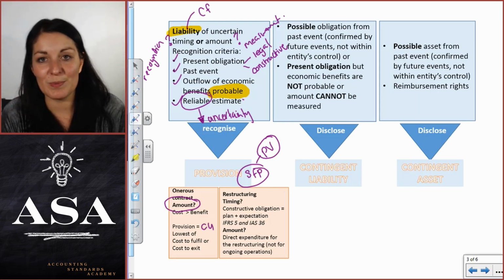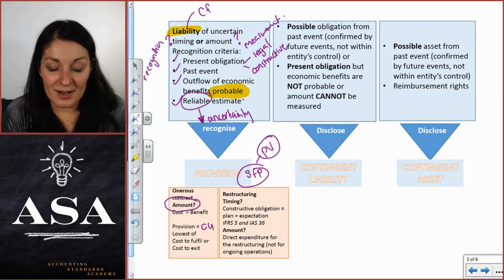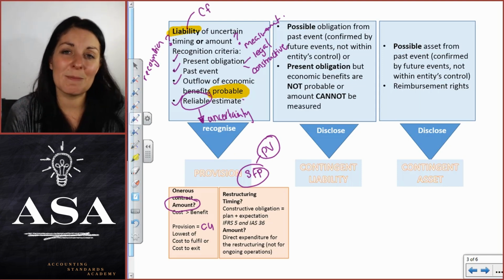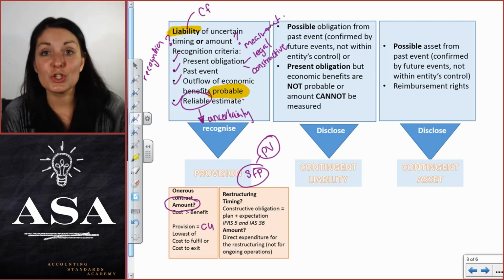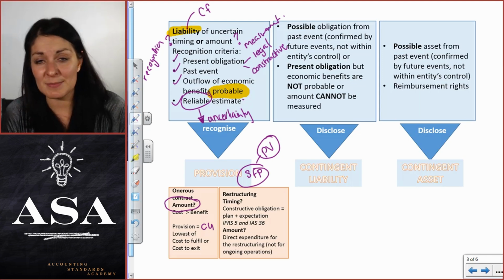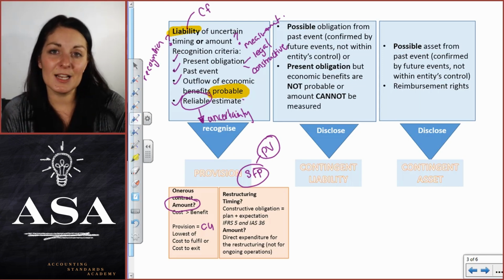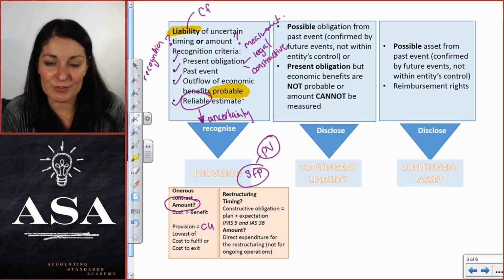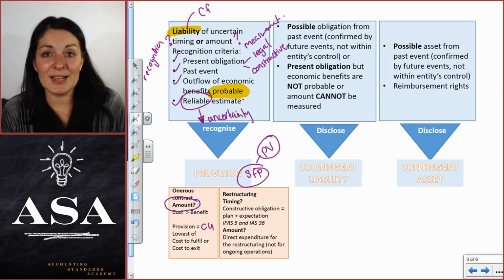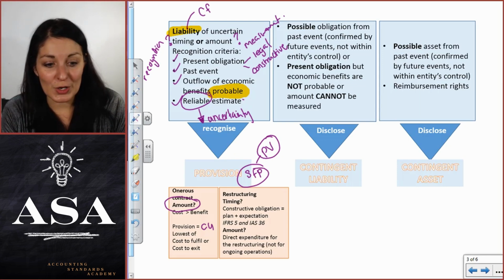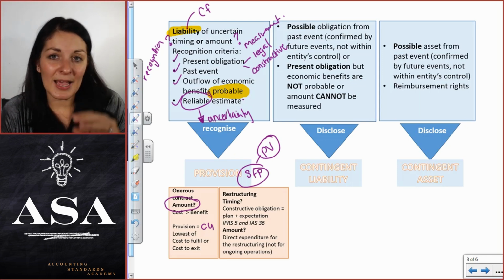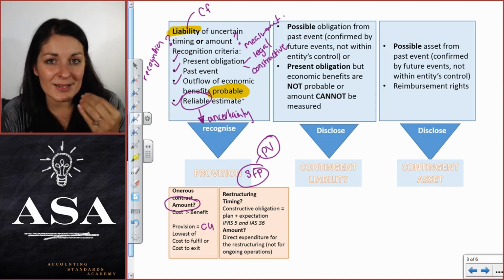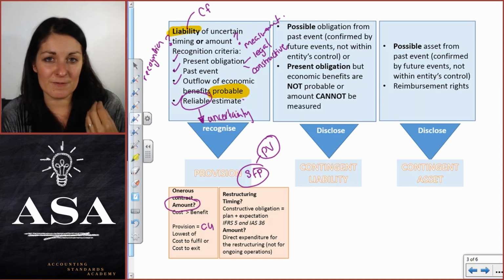Then regarding restructuring, this is where management has a plan to change the business, to sell certain parts of the business or business units. There could be obligations that come with this restructuring, obligations that we have to meet. And the question here is, when does that obligation become a provision?